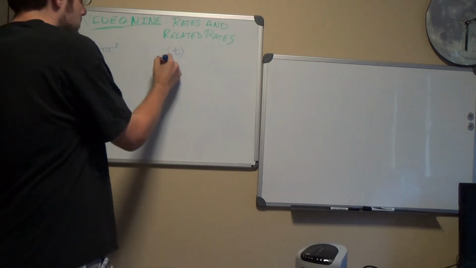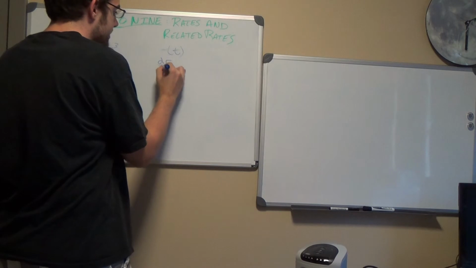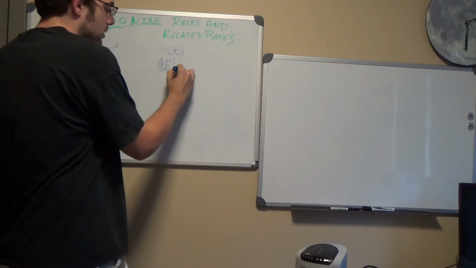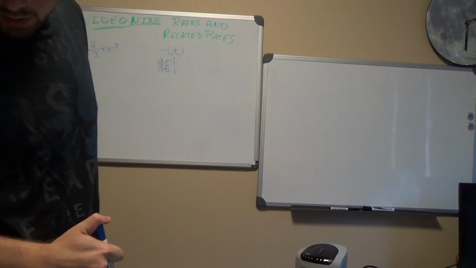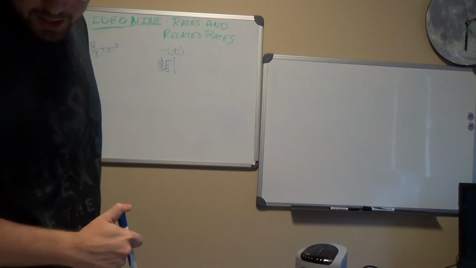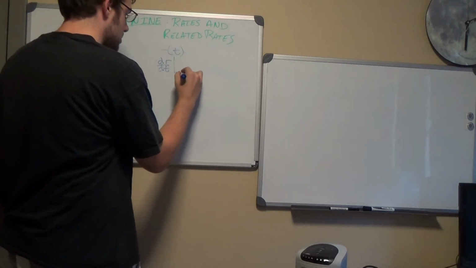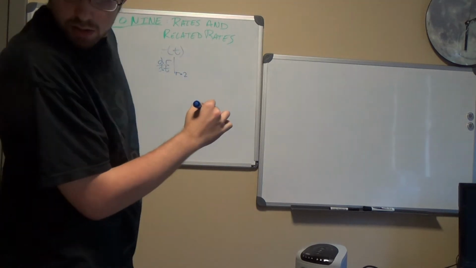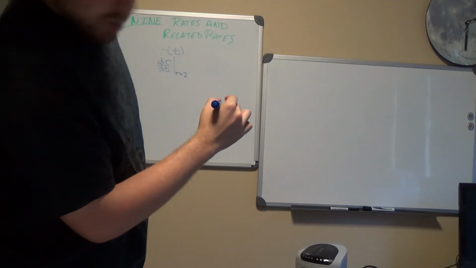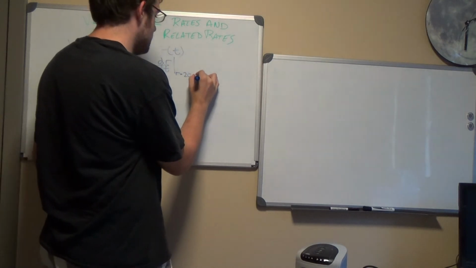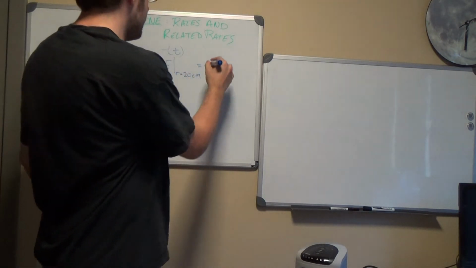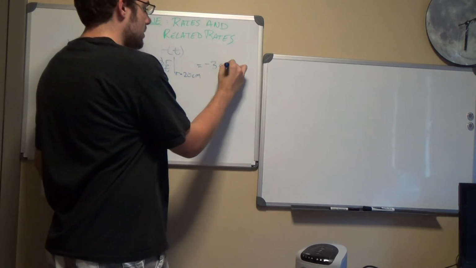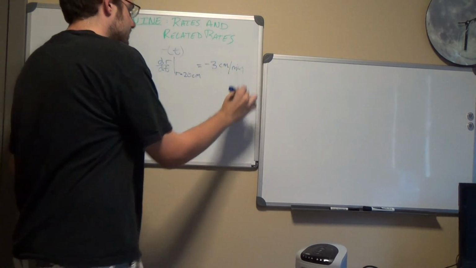But we do know that dr/dt, when the radius is 20 centimeters, is equal to -3 centimeters per minute.